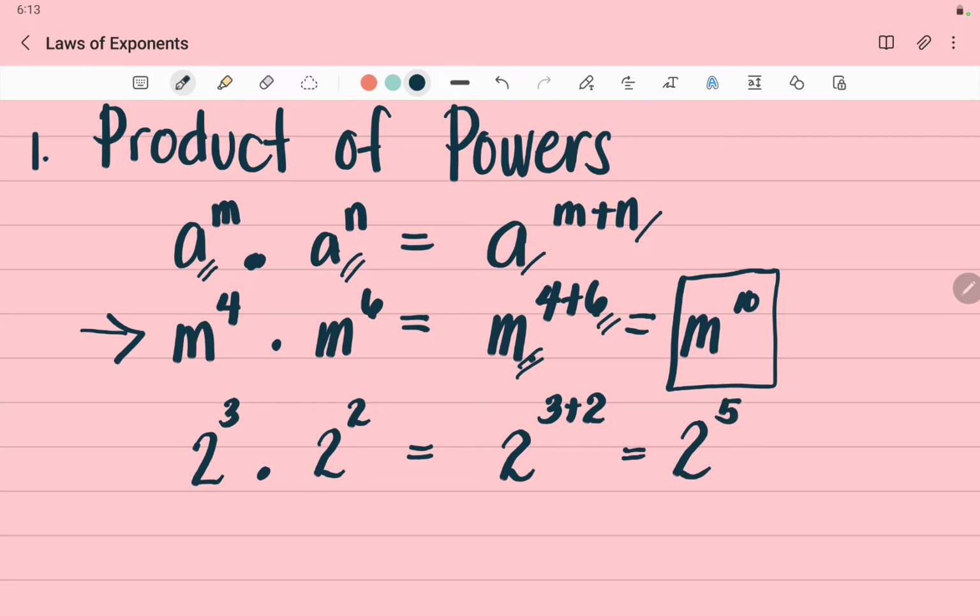Now, you should express 2 raised to 5 as a final answer. What do you think is the answer, students? Very good. 2 times 2 is 4, 4 times 2 is 8, 8 times 2 is 16, 16 times 2 is 32, because we multiply 2 five times repeatedly to itself. Is that clear, students?